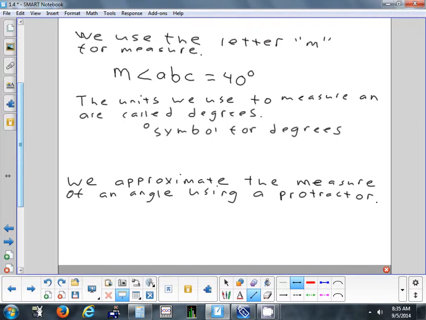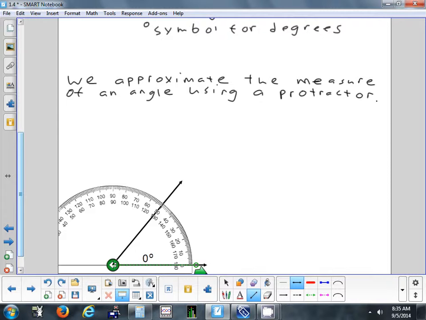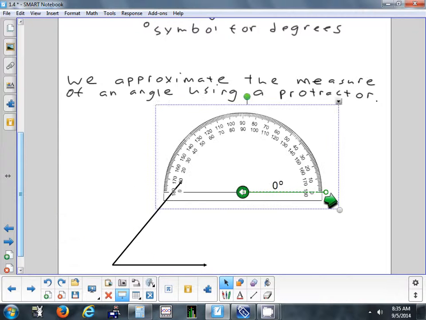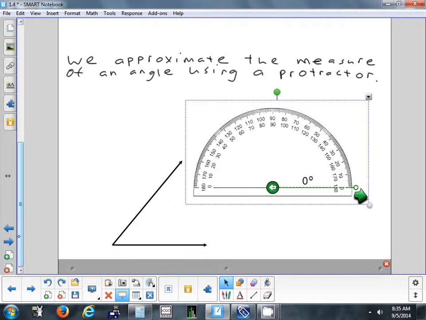Okay, let's see if yeah, I've got one here. Okay, so that device that I have right there, that's a protractor. Okay, and basically the way you use it is sometimes there's a little hole right at the bottom, okay, or a little dot, or a cross. You line that up right on the vertex of your angle.